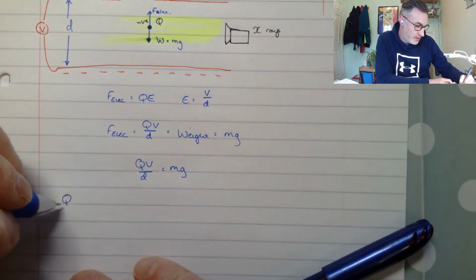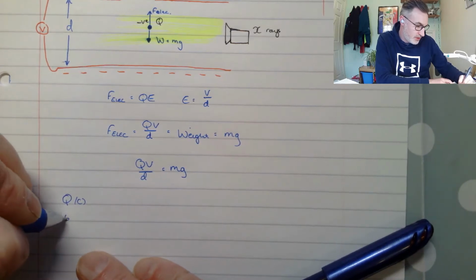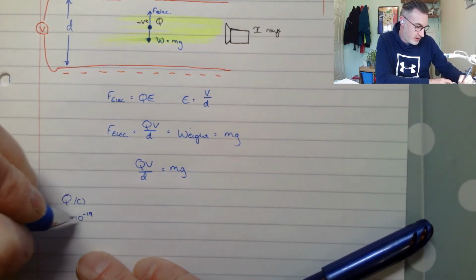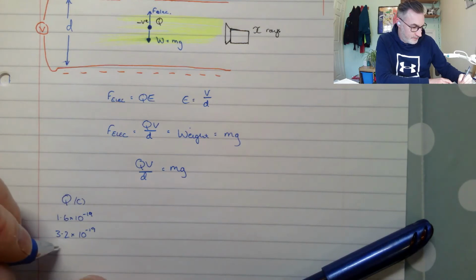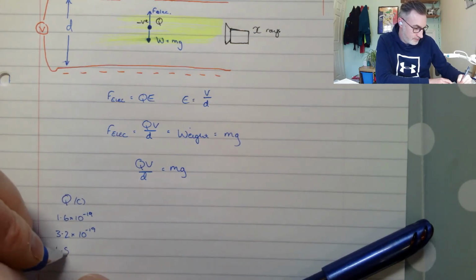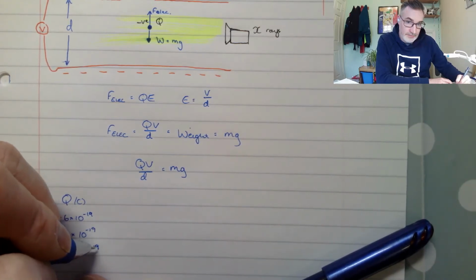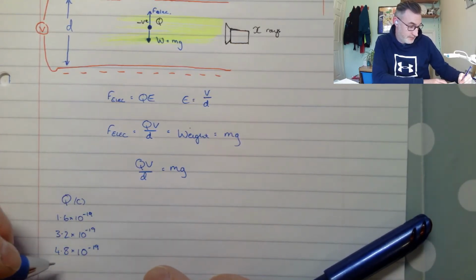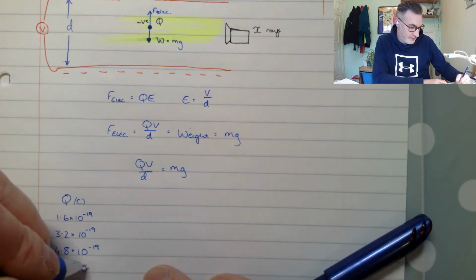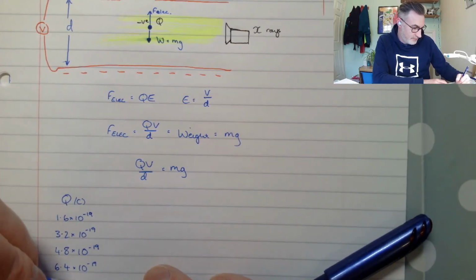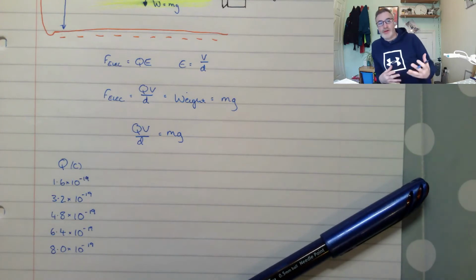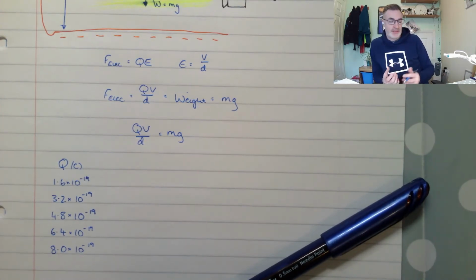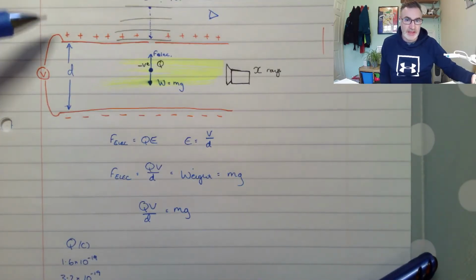So he would have Q in coulombs, and he had 1.6 times... And we could go on and on and on.